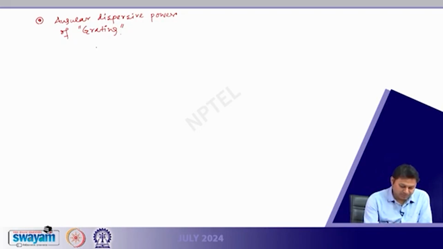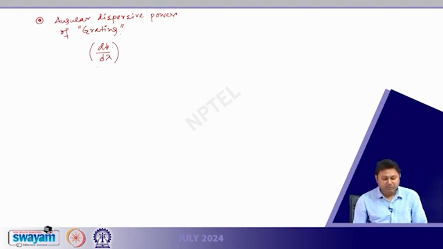So, let me first define and then let me quickly. So, this is the quantity we want to find, dispersive power. So, what is the meaning of that?